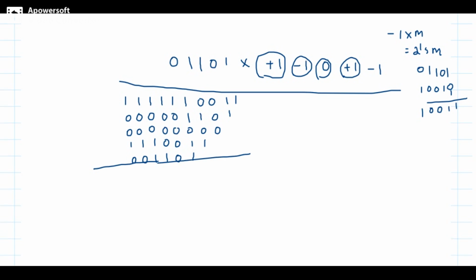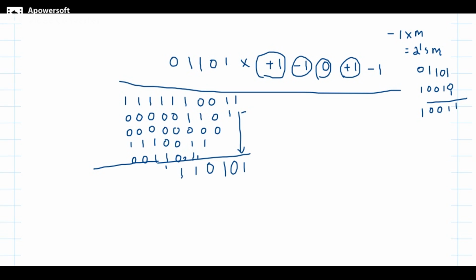So directly I can write, this is nothing but 1. 1 plus 1 is 0, carry is 1. 1 plus 1 is 0, carry is 1. 1 plus 1 plus 1 plus 1 plus 1, that is 5. So I can take 1 here and consider carry as 2. 2 plus 1 is 3, I can write 1 and carry as 1.